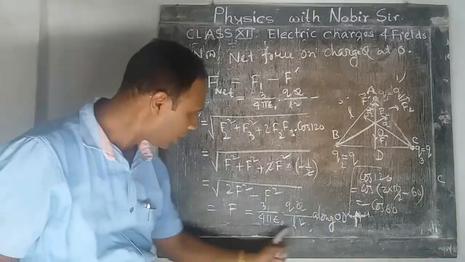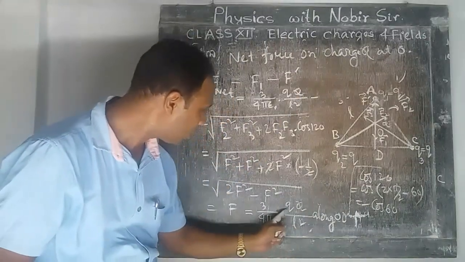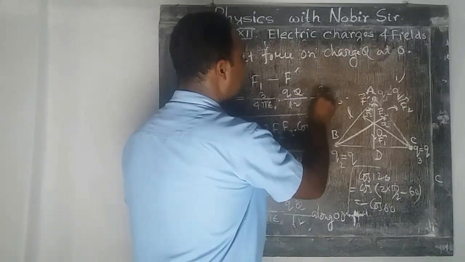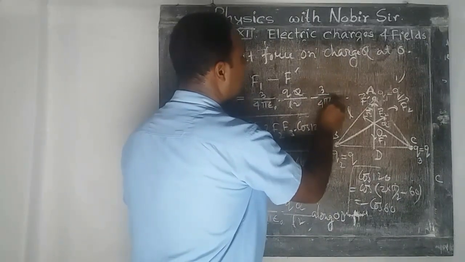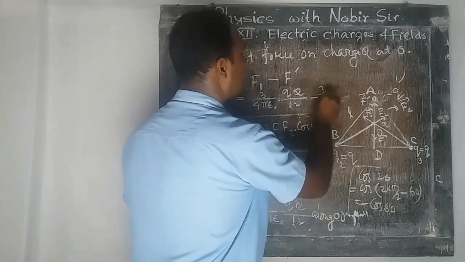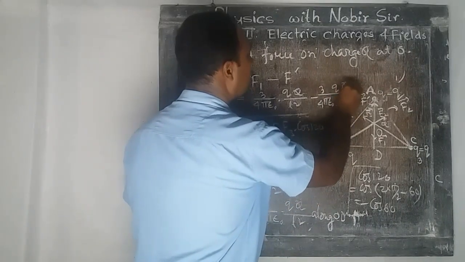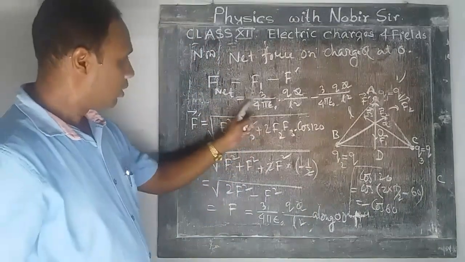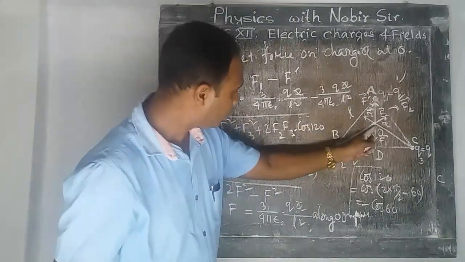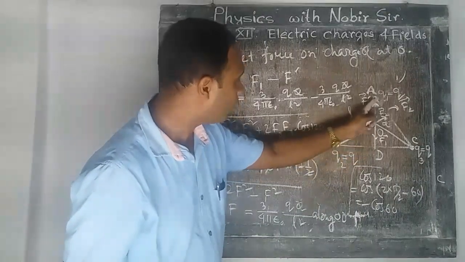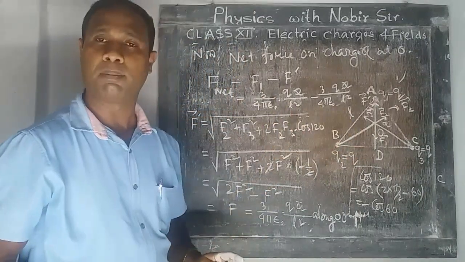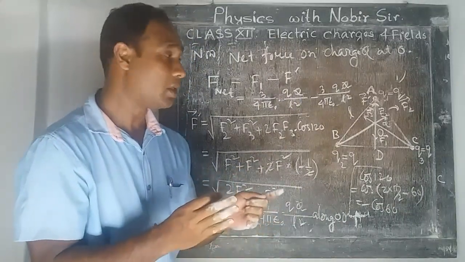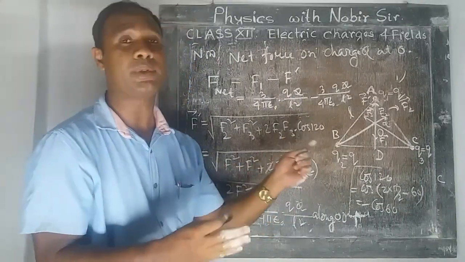What value did we get for F dash? We got the same, 3 by 4 pi epsilon naught small q capital Q by L square. Since one direction is downward and the other is upward, we just subtract one from the other, because the two vectors are in completely opposite directions.